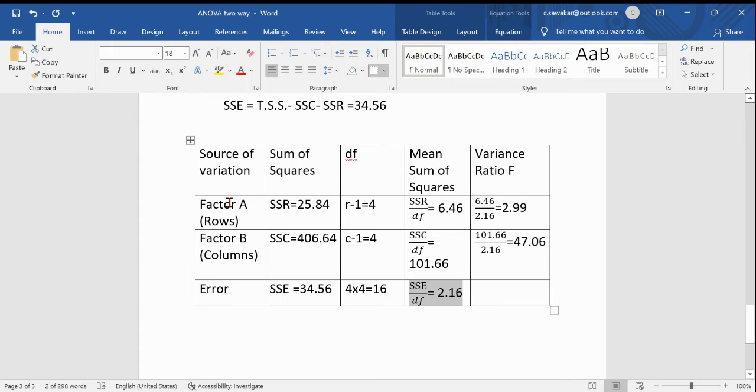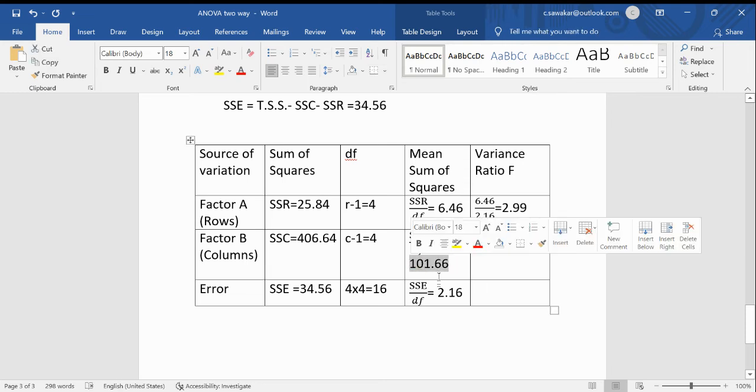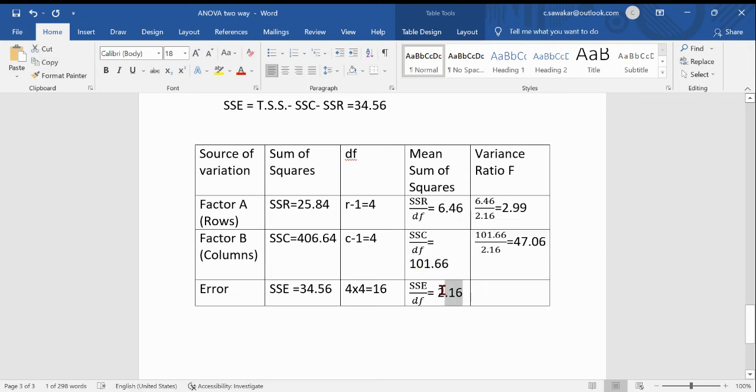So 6.46 divided by 2.16 is 2.99. And for the next one, you will get 101.66 divided by 2.16. This divided by this will give you these two different things.